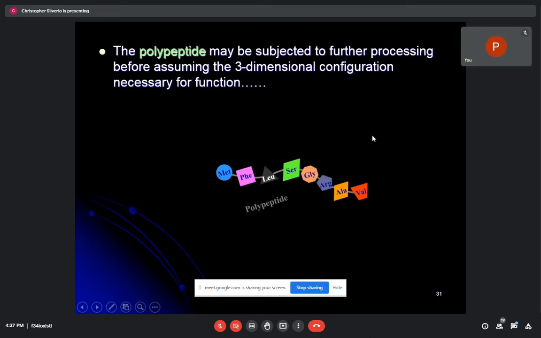The polypeptide may be subjected to further processing before assuming the three-dimensional configuration necessary for function.